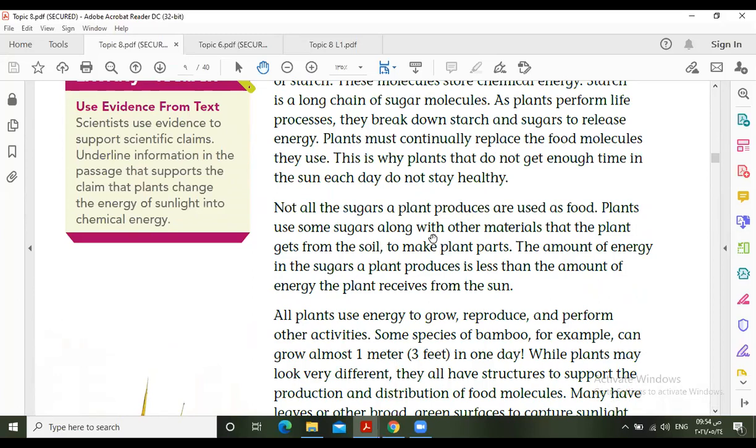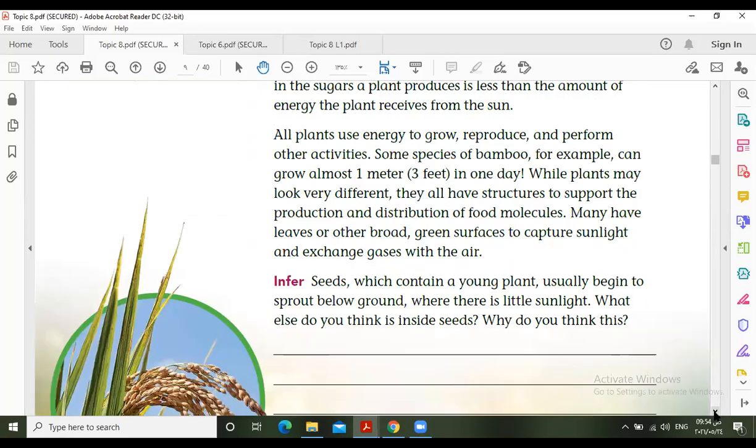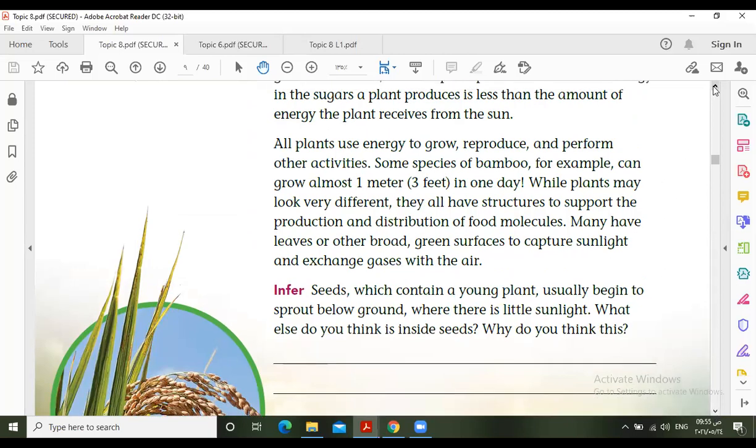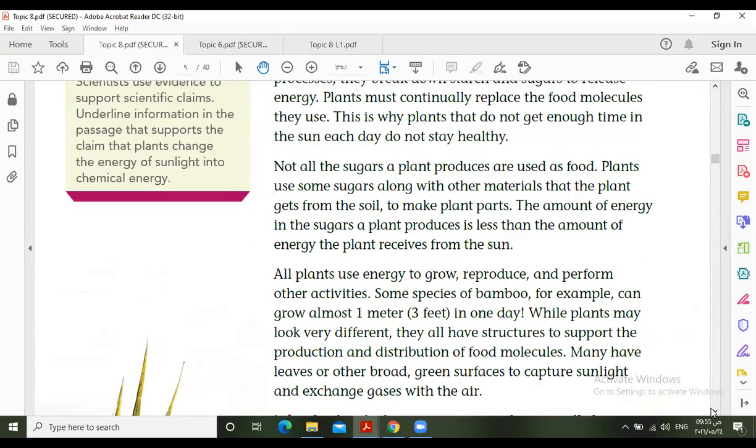Plants use some sugars, along with materials that the plant gets from the soil, to make plant parts, for growth, for reproduction, and to perform activities. So it uses energy for many things, not only for food.